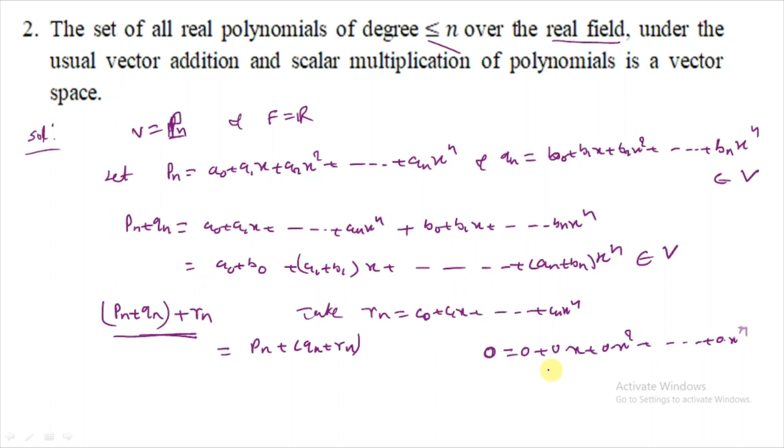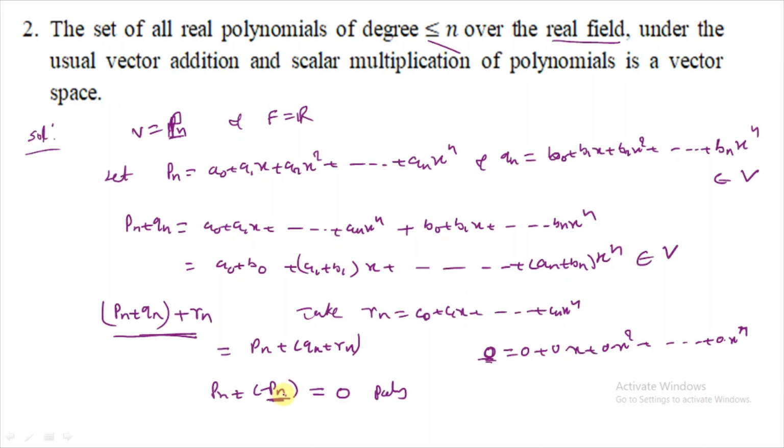The zero polynomial is the identity in the polynomial vector space. Now take pn and minus pn; adding pn and minus pn gives the zero polynomial. That means minus pn is the additive inverse.